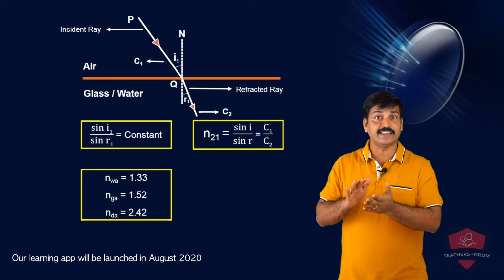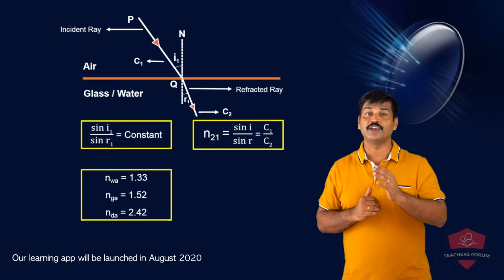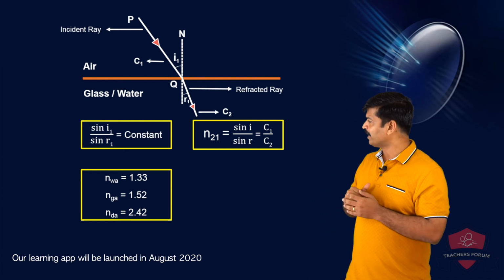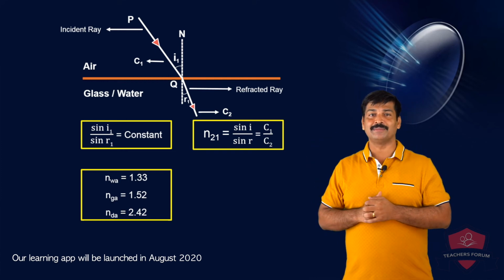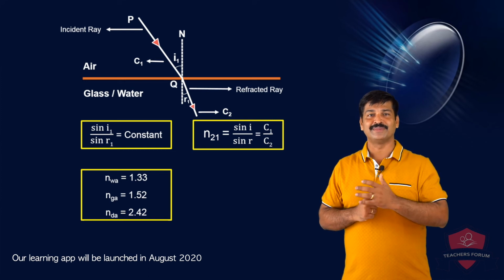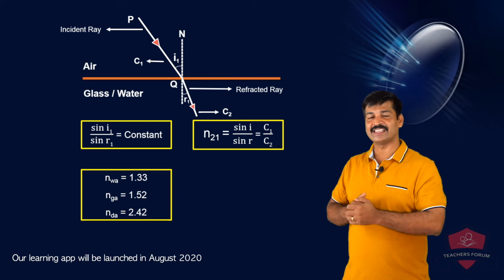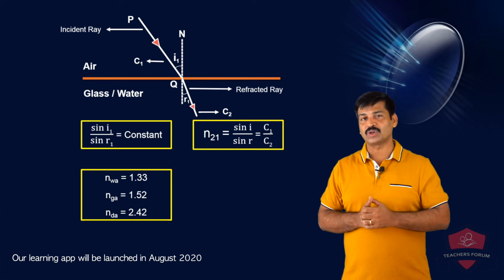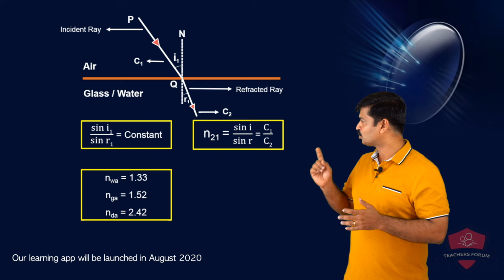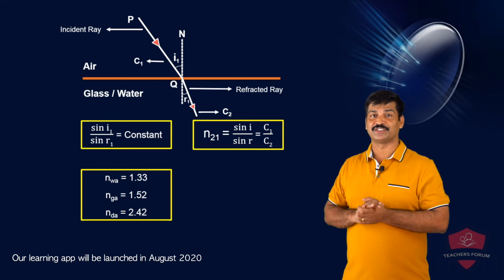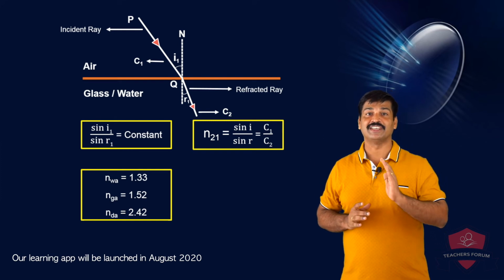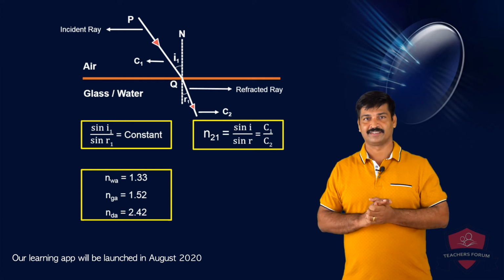So if refractive index is less, the speed of light will be more. So can you tell me, among these three media, through which medium the light can travel with high speed? Through water, glass or diamond? The light can travel at maximum speed through water among these three cases. Why? Because refractive index is less for water.